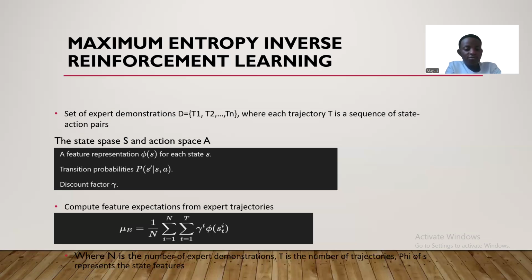The next thing you do is compute feature expectations. This is the equation for computing feature expectations from expert trajectories. Remember, I've said expert trajectories are a sequence of state action pairs.